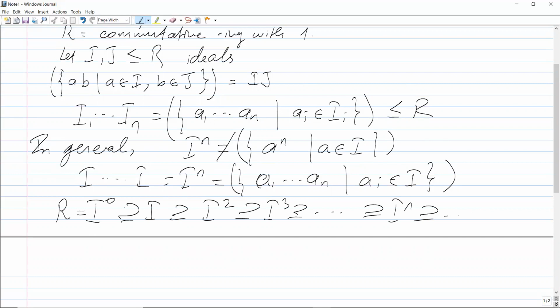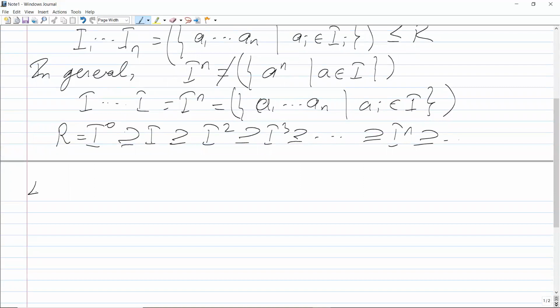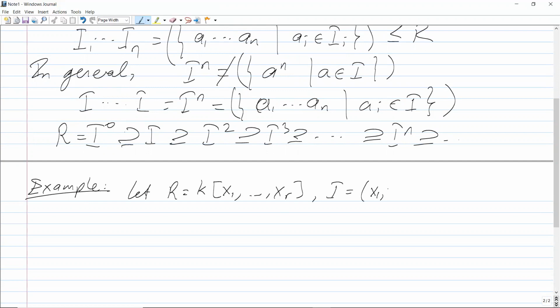So here's an example. Let's take R to be the ring of polynomials over the field K. Let's take I to be the ideal generated by x_1, x_2, through x_r.